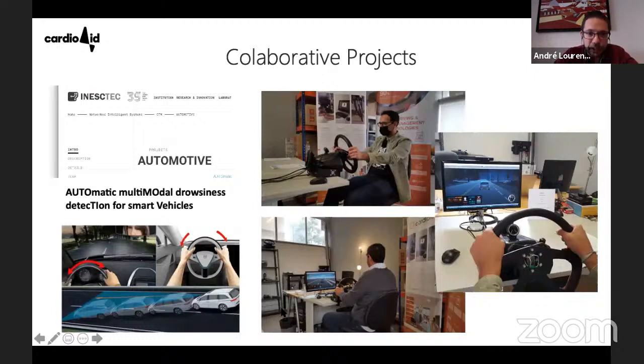We have a collaborative project that integrates INESC TEC called Automotives. It stands for Automatic Multimodal Drowsiness Detection for Smart Vehicles. And these are some of the photos of one of the simulators that we created. So we are monitoring not only the ECG, but also actively we are using cameras with near infrared image. So it's not only RGB, but 3D image of the person.